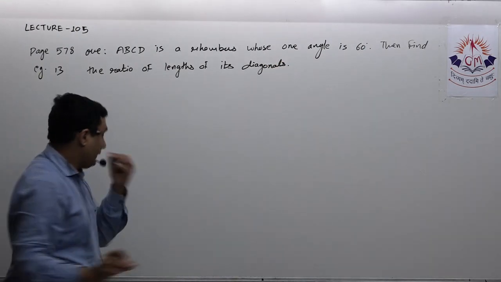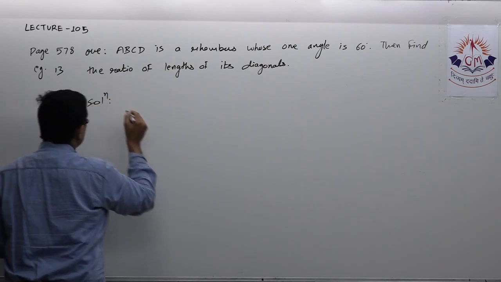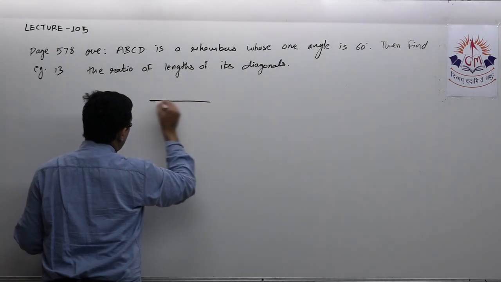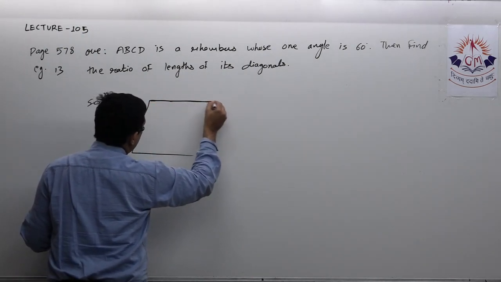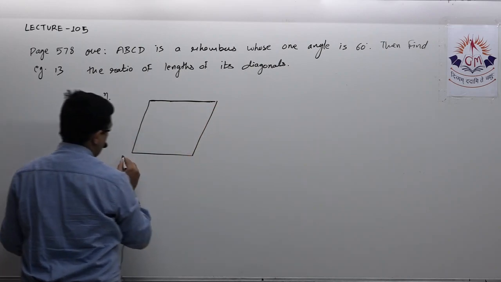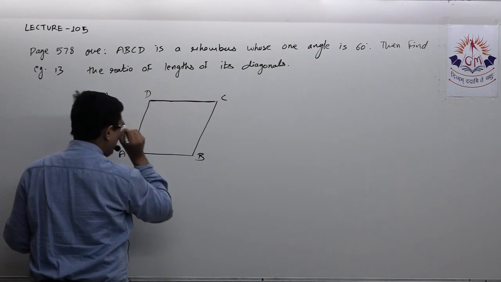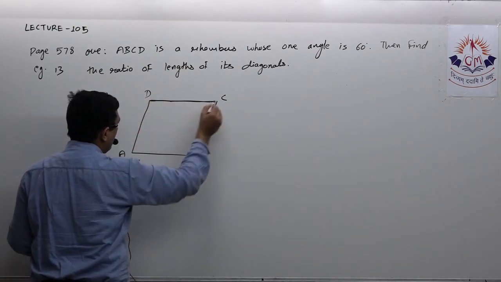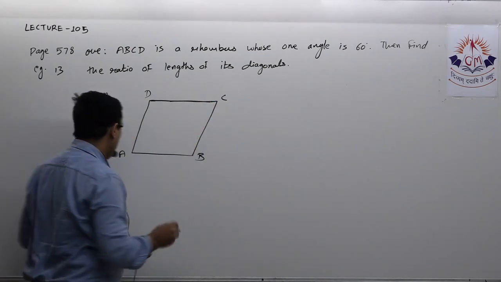Okay, so it is given there is a rhombus whose one angle is 60 degrees and we have to find the ratio of its diagonals. So let us say that ABCD is a rhombus. Now one of its angles is 60 degrees, so I'm assuming angle A is 60 degrees. So I have to find AC is to BD or BD is to AC.